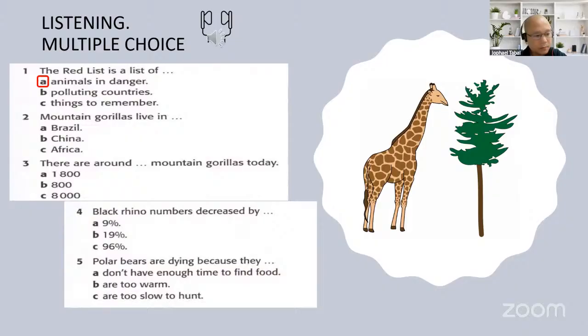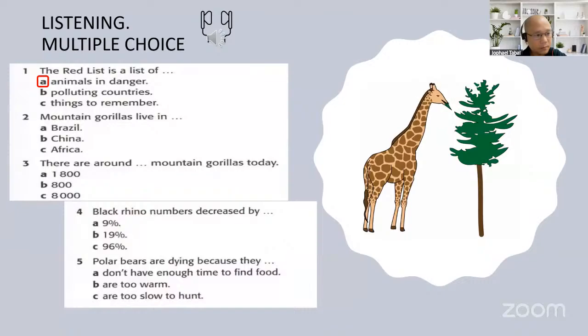But others are hunted. We find and kill them to sell them. Let's take an example: the black rhino. Between the 1970s and 80s, the number of black rhinos fell by 96% because of hunting. Luckily, people do not want to buy products made from the black rhino anymore.